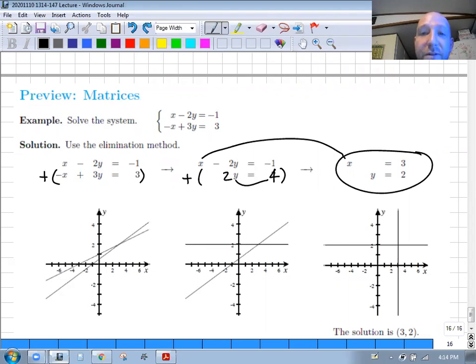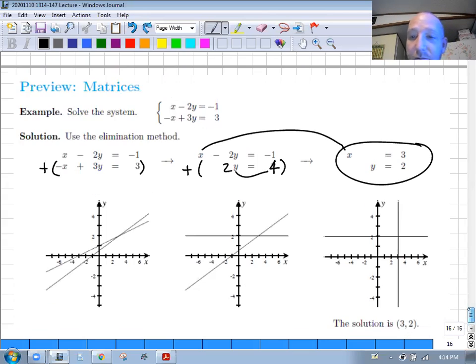So if we graph them, let's see, what do they want? I'm guessing these are the graphs of these equations. Yeah, I don't know where they're getting these graphs. Let's graph these. x minus 2y equals -1.